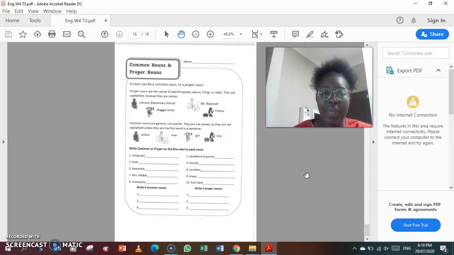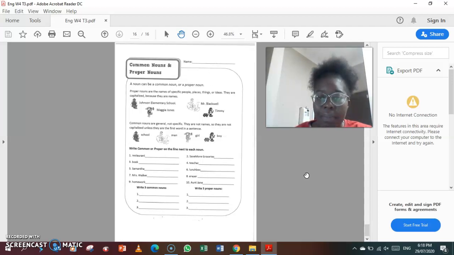A noun can be common or proper. Proper nouns are names of specific people, specific places, specific things, or ideas. They are capitalized because they are names.